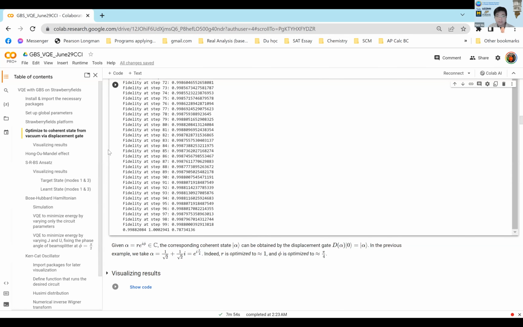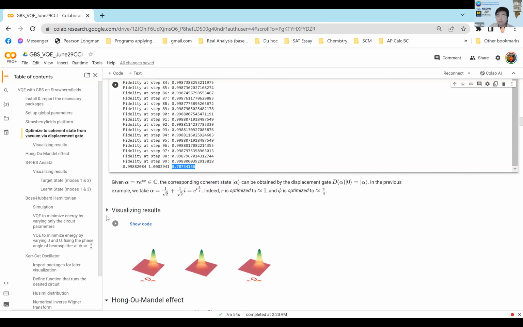Let's look at the results as well. Here, R is indeed optimized to around 1. And phi is indeed optimized to around pi over 4, which is exactly what we expected from the beginning. And after optimization, we can also visualize the results. Shown on the left here is a Wigner representation of the target output state.